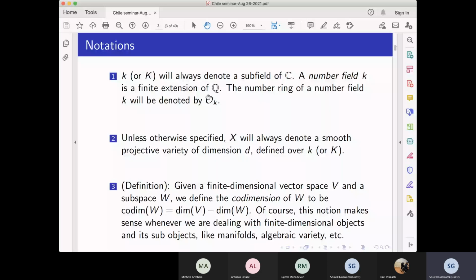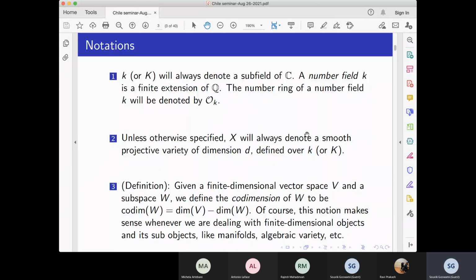Or you can attach the imaginary number i to Q to get a finite extension again. So there are various number fields, obtained by attaching algebraic numbers to Q. For any number field, there is a number ring inside it, and we will denote the number ring with this notation.